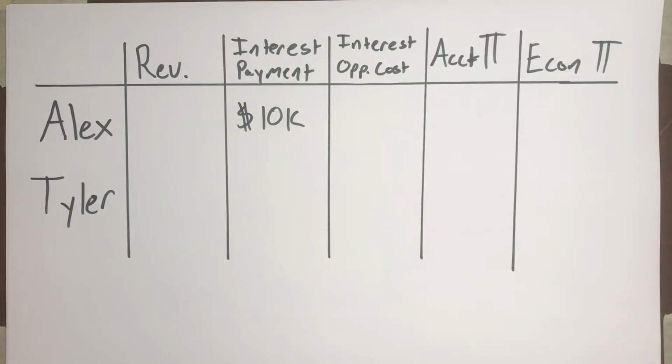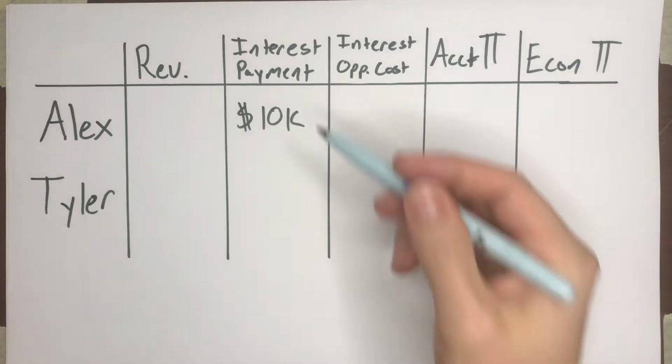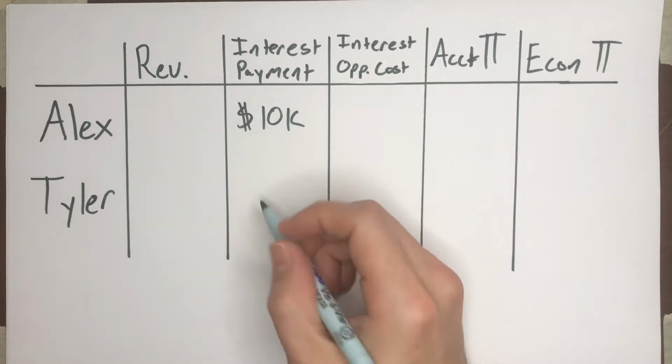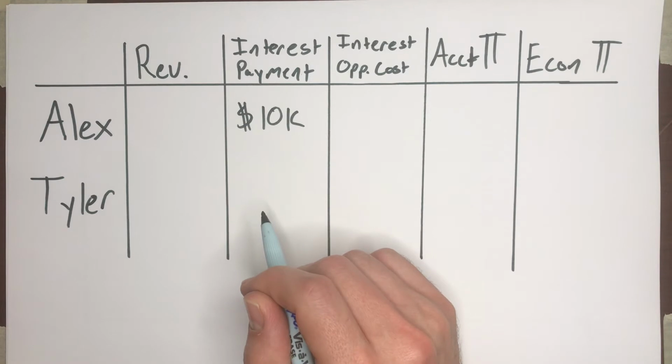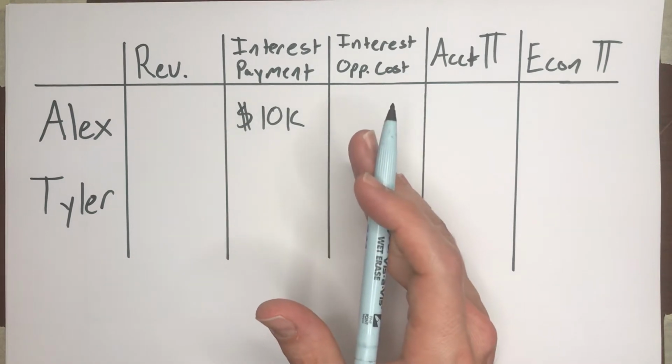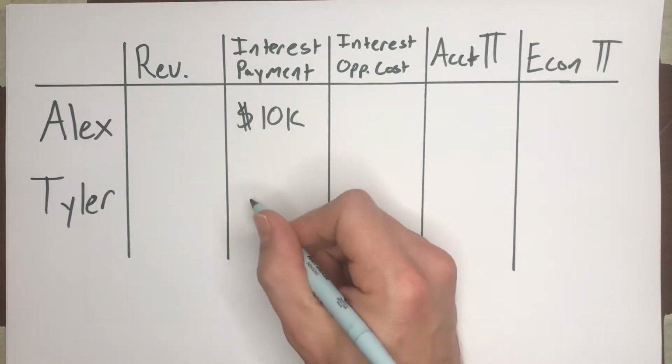Tyler pays the $200,000 out of a small inheritance he received from a rich uncle. Each well produces $15,000 worth of oil annually. Which well is more profitable? So for the interest payment, you're told that Tyler pays the $200,000 cost of drilling the well out of money he already has. Okay, it's an inheritance that he received.